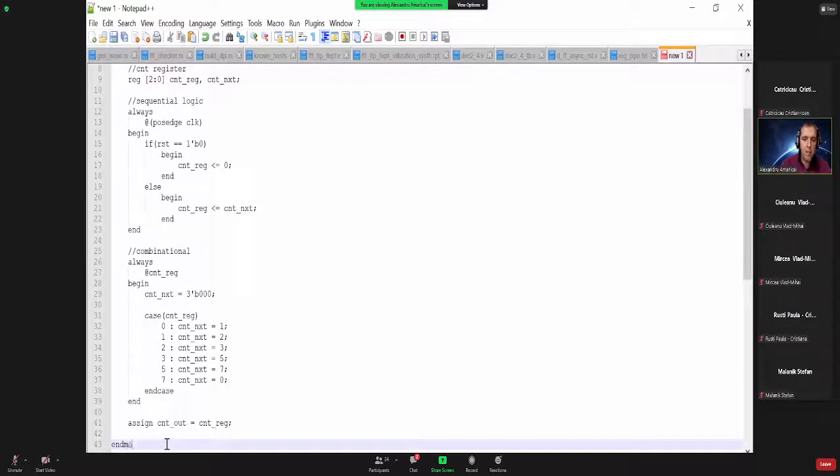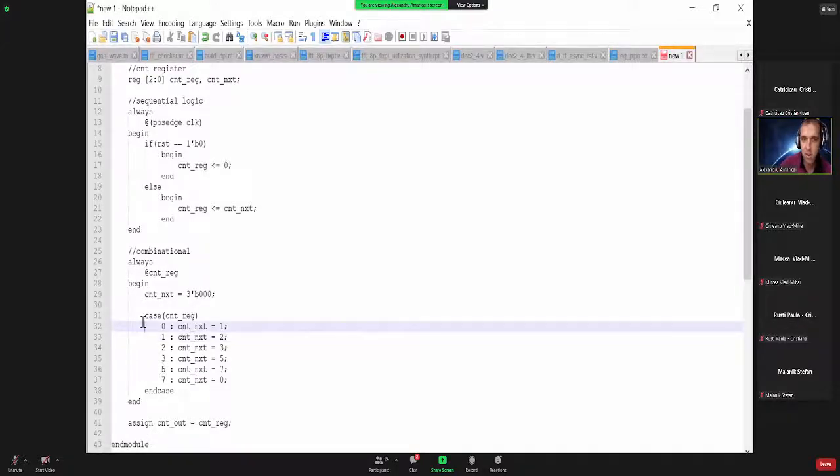So actually the way to design digital logic is to think, okay, what are the current values of the registers and what are the inputs, what will be the next values and what will be the outputs for the current values.